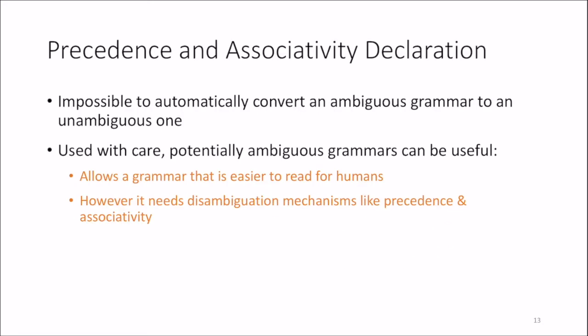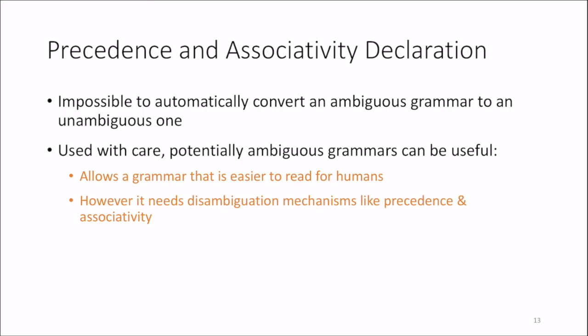So when we define a grammar for a programming language, we can actually tell the parser what to do about these ambiguous grammars. You might say, well, why not just make it unambiguous, by any means necessary? Well, sometimes a potentially ambiguous grammar can be useful because often the grammar doesn't have as many non-terminals.